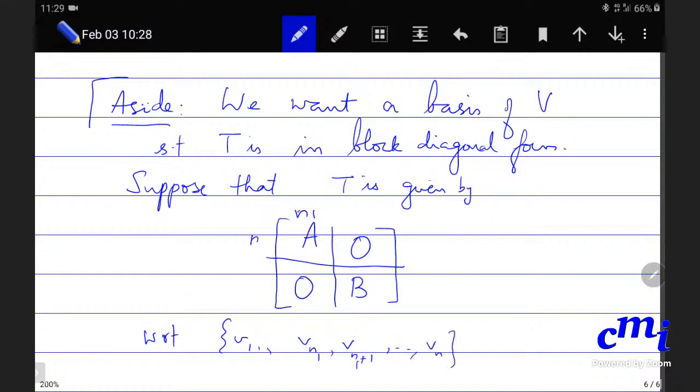So the first block is n1 by n1, and the rest is the complement.